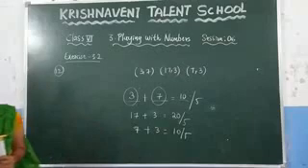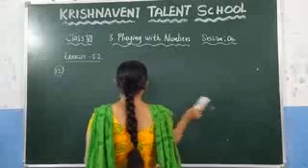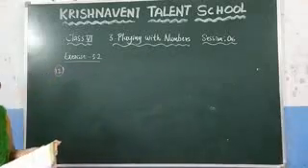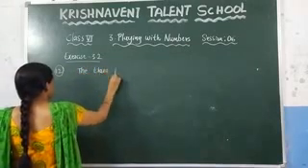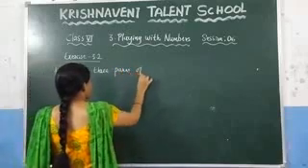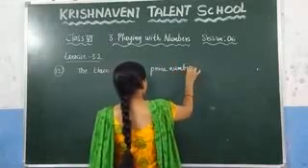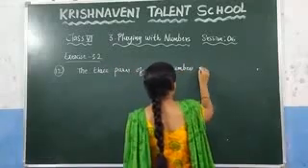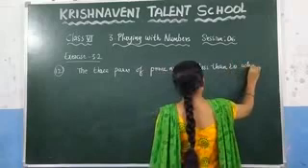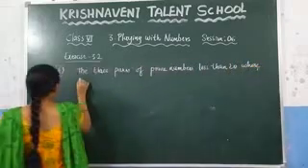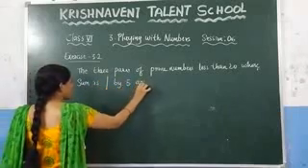Now write this answer. The three pairs of prime numbers less than 20 whose sum is divisible by 5 are, what are those pairs?